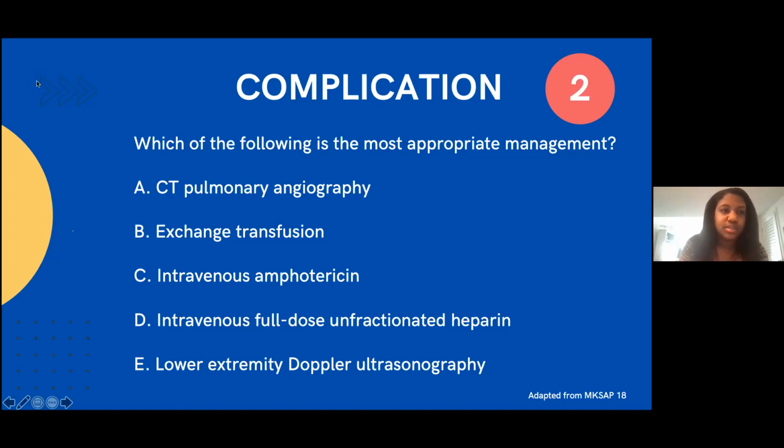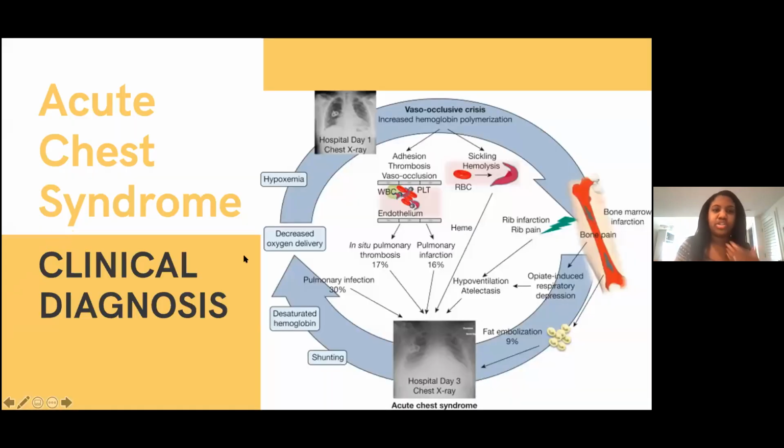Seeing some B's in the chat, which is awesome. Great. So yes, B is the correct answer, exchange transfusion.